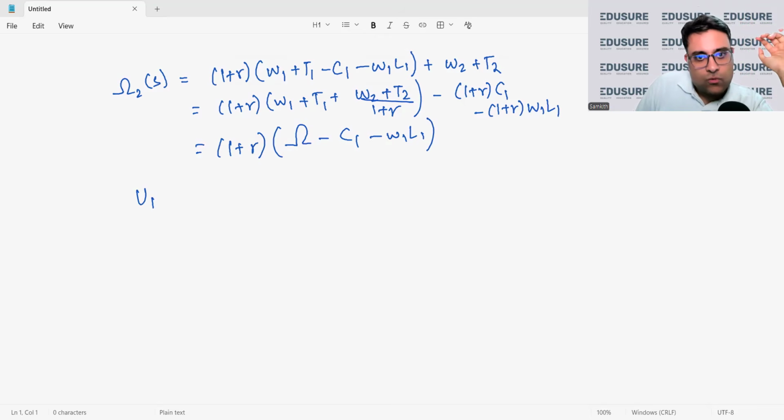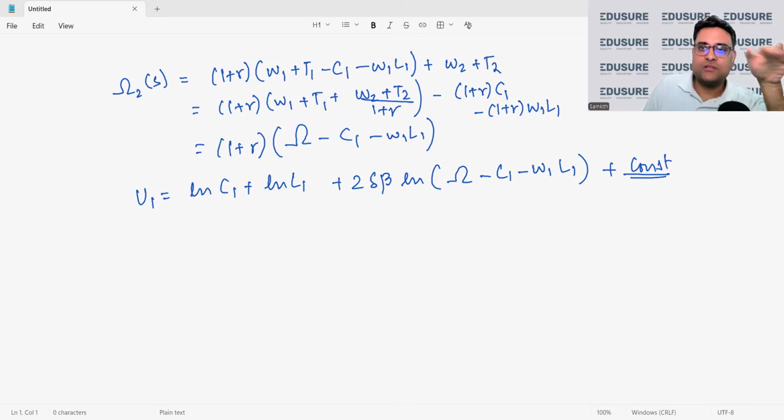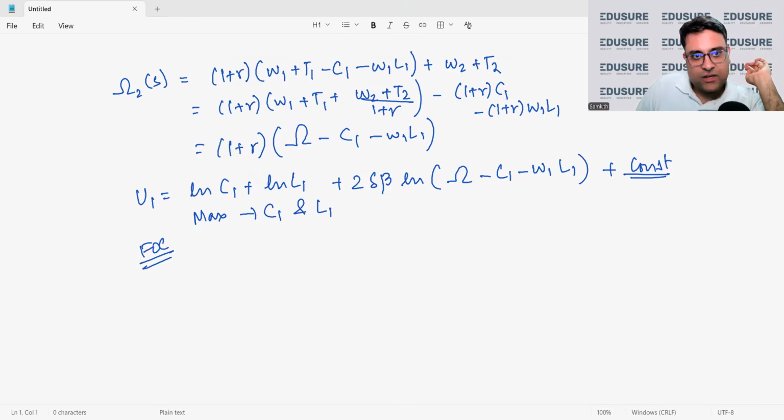So U1 is ln C1 plus ln L1 plus 2 delta beta ln of omega minus C1 minus W1 L1, plus some constant. That constant I have already shared. So I will basically maximize this with respect to C1 and L1.